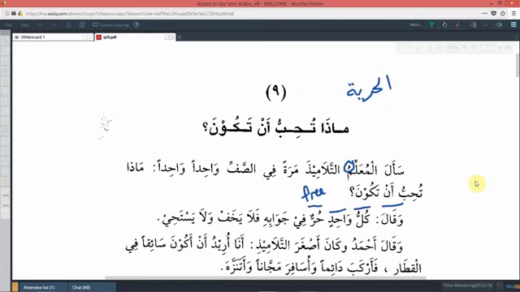في جوابه. In his answer. Jawab is answer. أجوبة is the plural of jawab, right? Then we have su'al, su'alun, and as'ila.